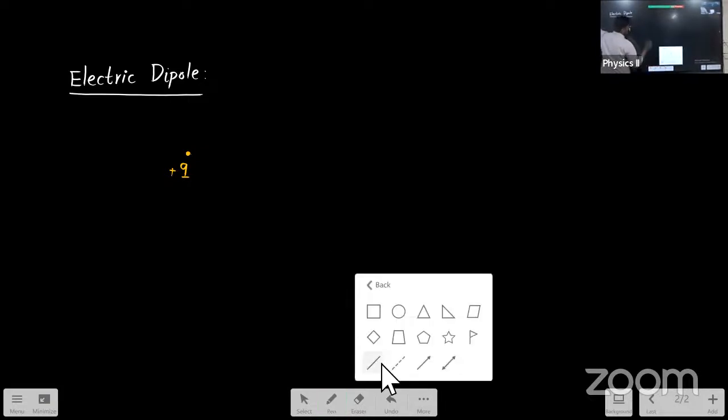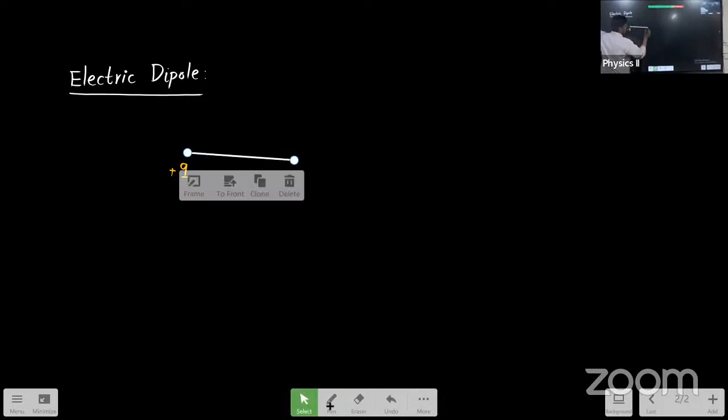See here, di represents 2. How many poles? There are 2 poles. Let me consider 2 charges. There is one charge plus Q, and I am having another charge minus Q here.